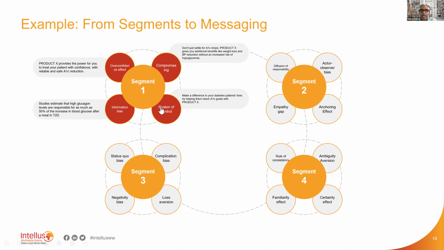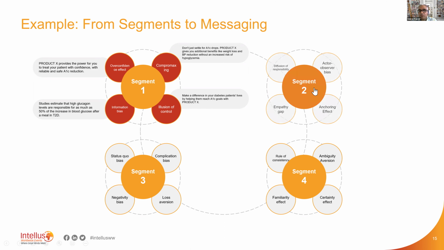So if your segment one has illusion of control, and this is a diabetes category, let's say, a message to them might read something like this: make a difference in your diabetes patients' lives by helping them reach A1C goals with product X. So it's not about the patients, it's about me, the physician, and feeding my illusion of control.